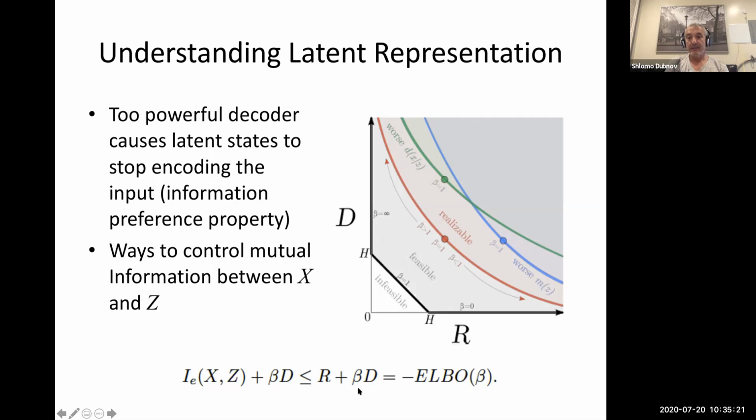So basically the idea is that you're trying to encode something as efficiently as you can, while you also have some kind of distortion constraint because your encoding is not the best. And you can have these rate distortion trade-offs, and you can generalize the ELBO by having a tunable trade-off between rate and distortion.